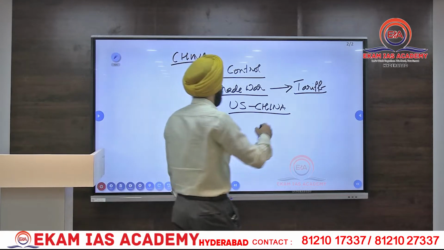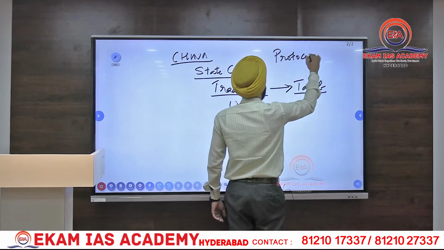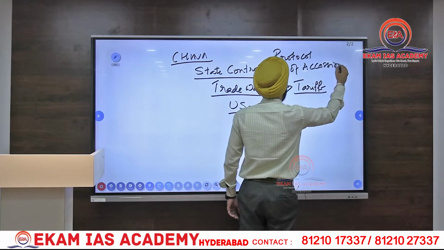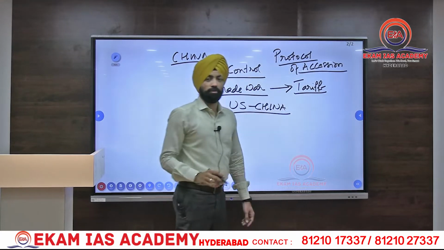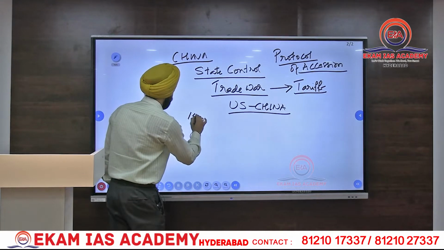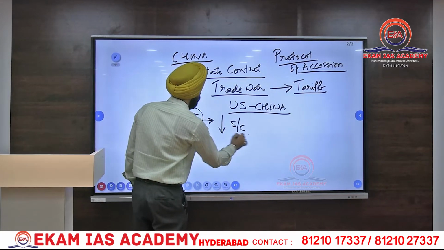Why? Because as per a protocol of accession, what China had signed with World Bank at the time of joining, China was given 15 years time to reduce the state control over its economy.